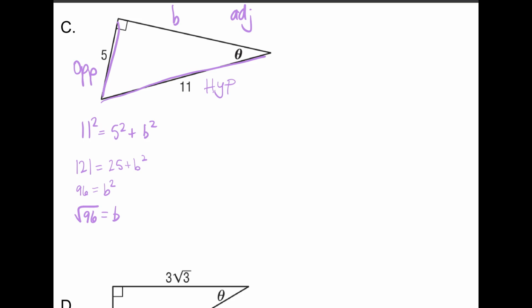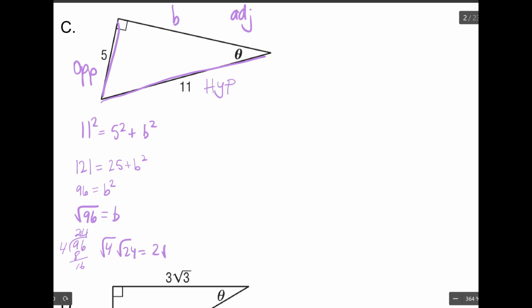So let's see, does 4 go into 96? Yeah. So let's see, 4 goes into 96, 24, okay, so this is square root 4 times square root 24.